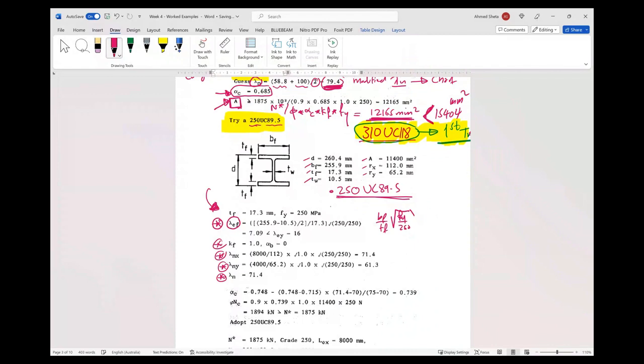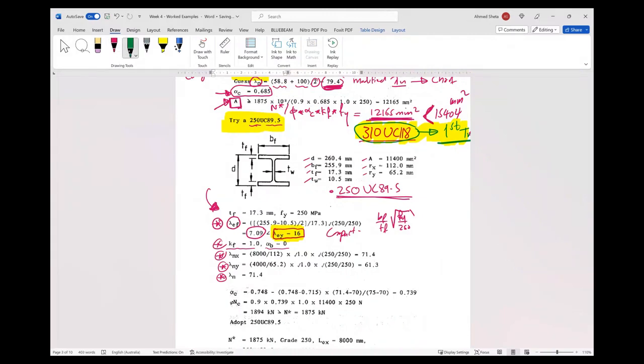So here we got lambda EF equal to 7.09, which is less than the yield lambda. This means this flange is compact and KF will be 1.